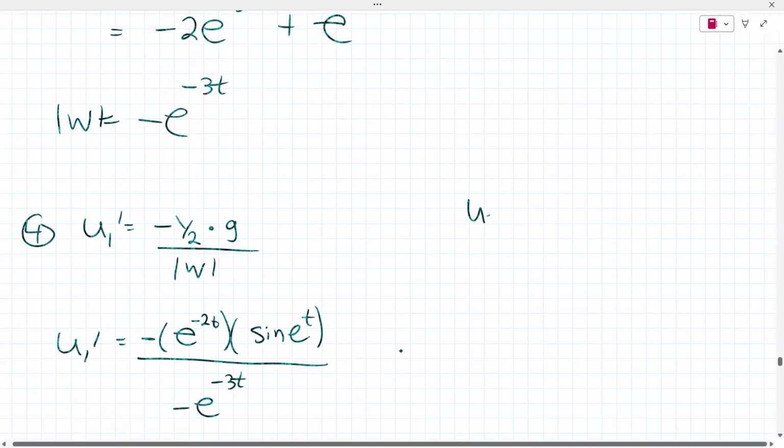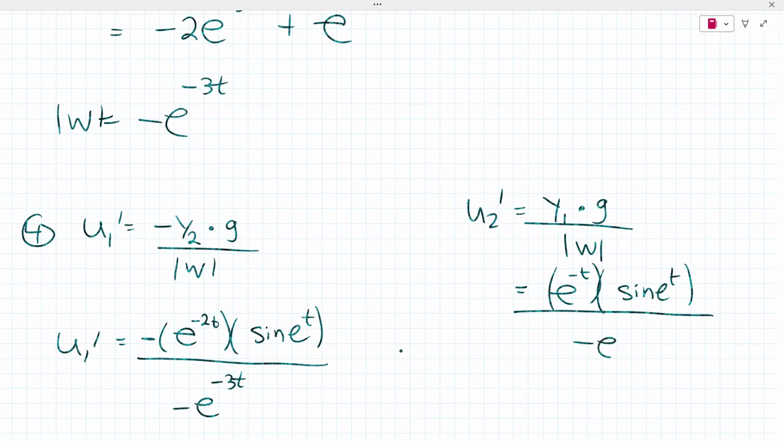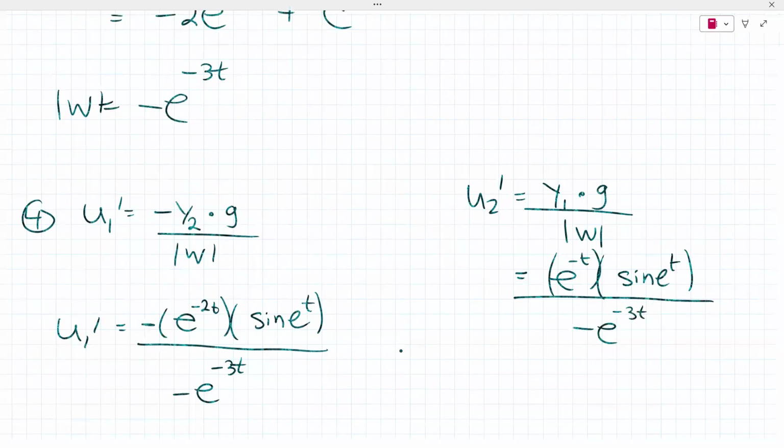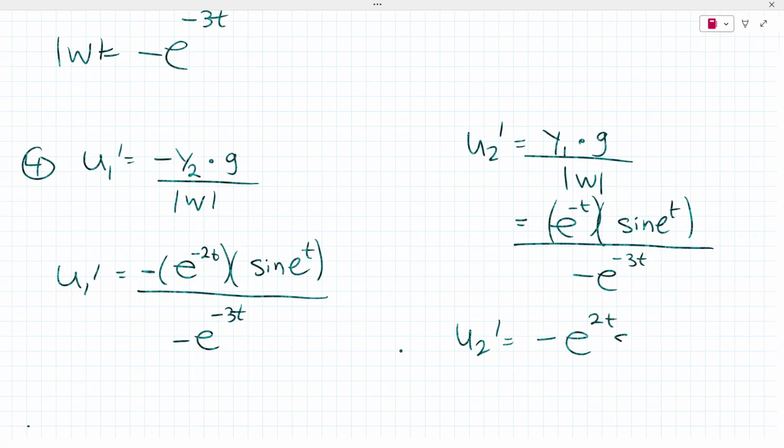And then my u2 prime is y1 times g over the Wronskian determinant. My y1 is e^(-t), and then my g is sin of e^t, all over negative e^(-3t). So my u2 prime is negative e^(2t) times sin of e^t.